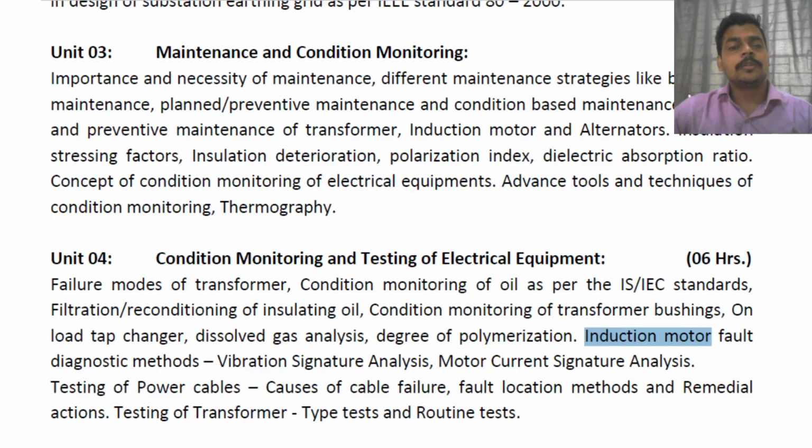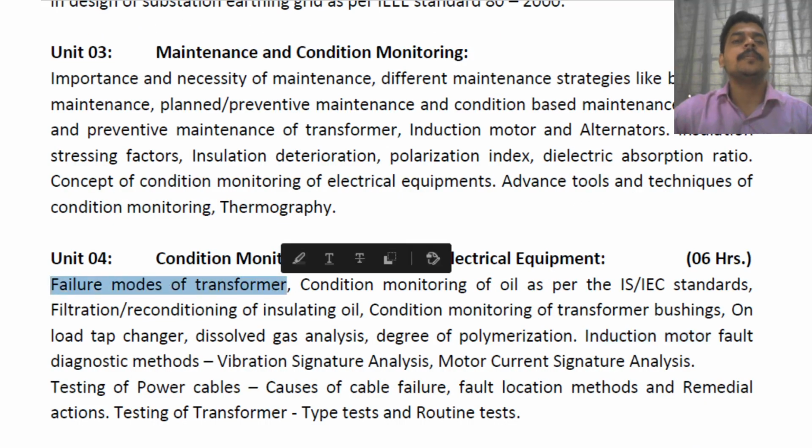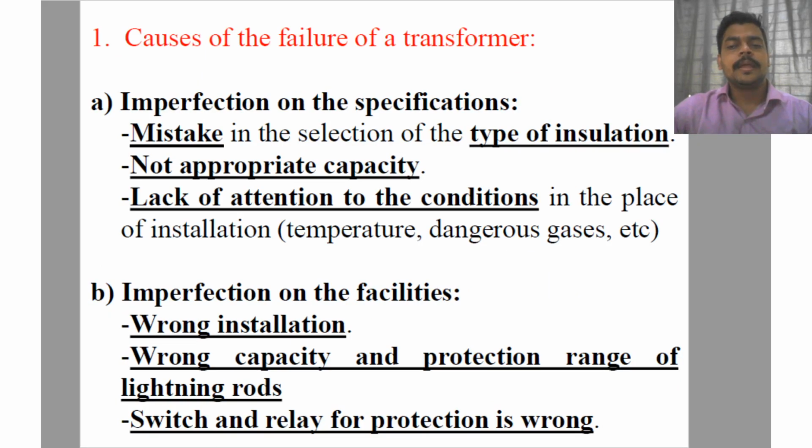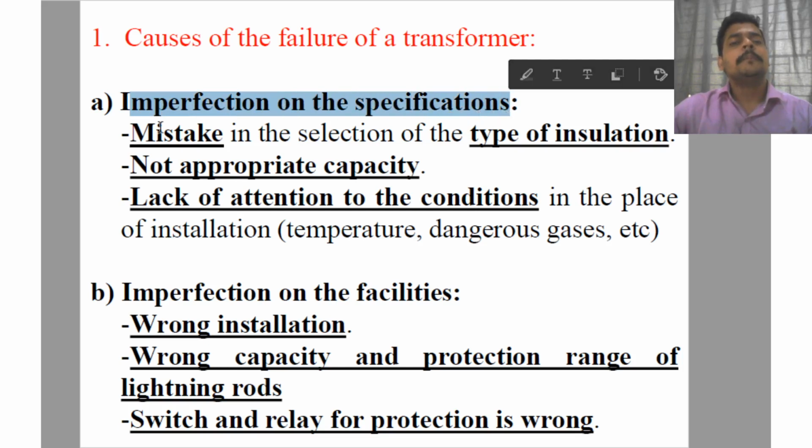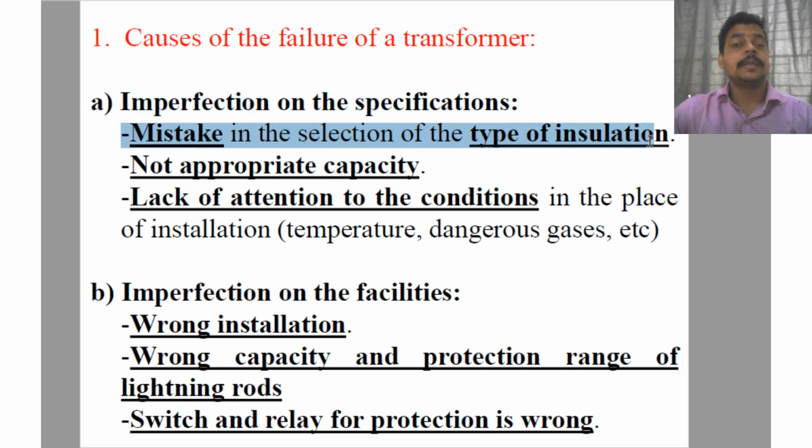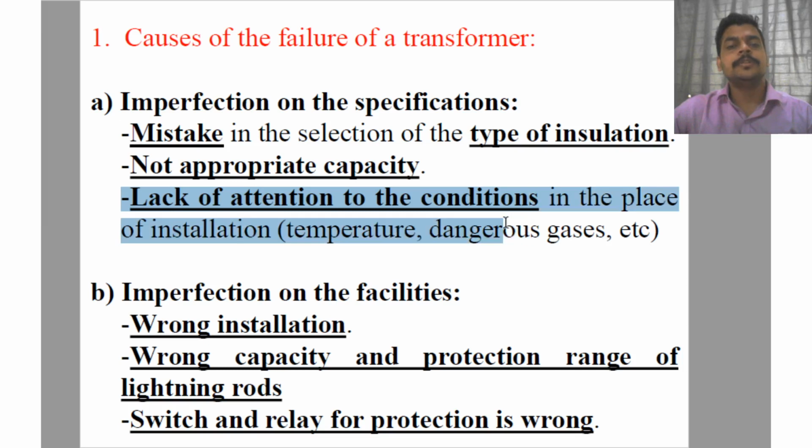We are interested in the first point, the failure modes of a transformer. Generally, we can understand that the causes of failure of a transformer include imperfection in the specification, mistakes in the selection of the type of insulation, inappropriate capacity, and lack of attention to the conditions at the place of installation, that is temperature and dangerous gases, and we are not taking care of these hazardous things.